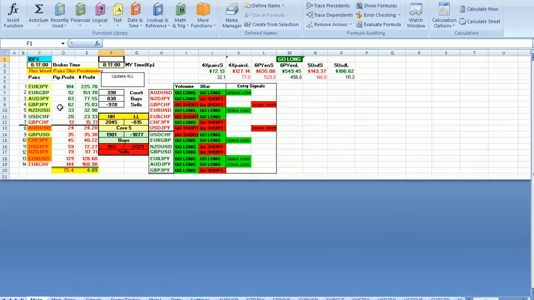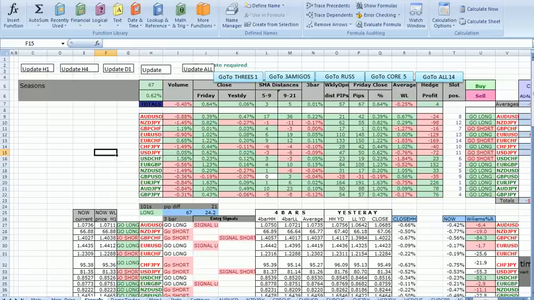And once again, I told you about the core basket, and of course if this core basket moves up, it could be an indication of long again.